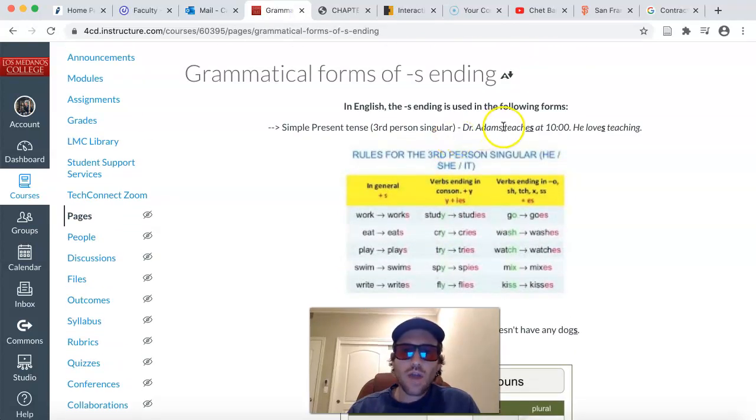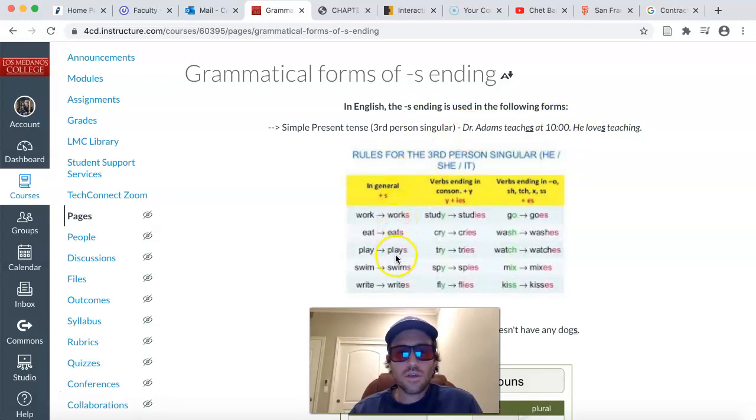So for example, Dr. Adams teaches at 10 o'clock. He loves teaching. We add S to the verb teach because we're talking about Dr. Adams in the third person, talking about him. Love, we add an S as well because we're talking in the third person singular here.